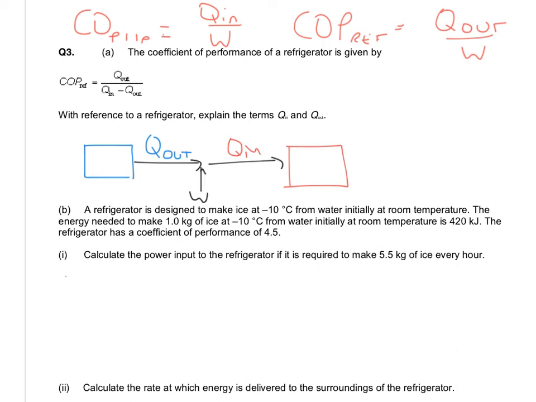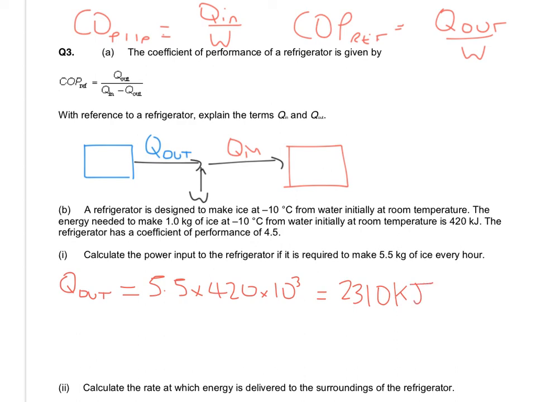Okay, so let's first calculate the energy removed from the ice in, let's say, an hour, just to keep it in the same units as in the question. So this is your mass of ice, and this is your energy per kilogram. So that's going to be 2310 kilojoules.